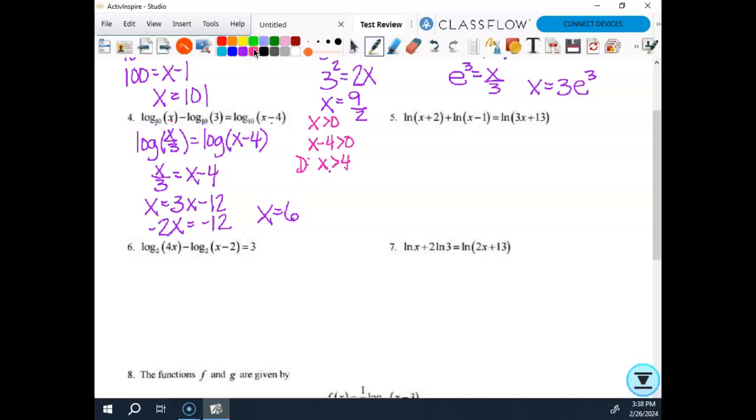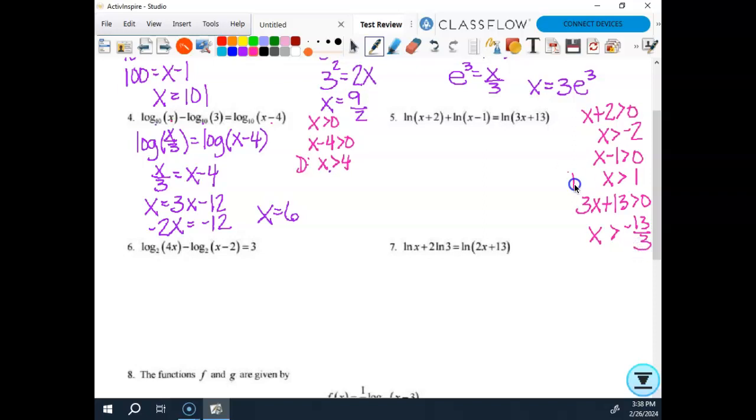All right, so over here I've got 3 things to check. X plus 2 has to be greater than 0. So x has to be greater than negative 2. X minus 1 has to be greater than 0, so x has to be greater than 1. And 3x plus 13 has to be greater than 0, so x has to be greater than negative 13 over 3.